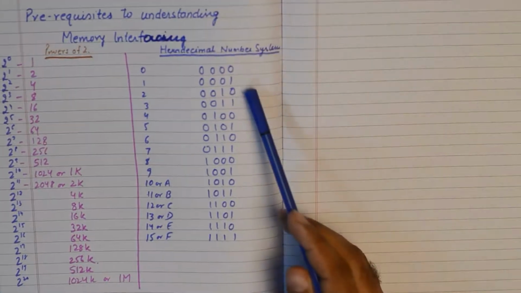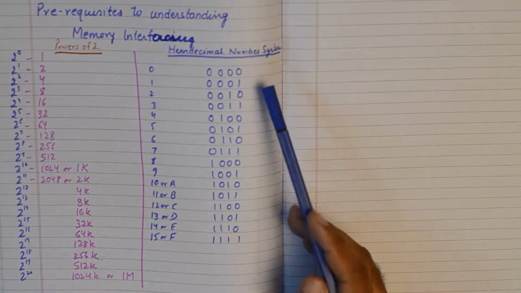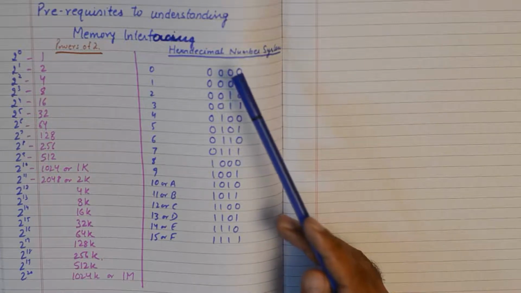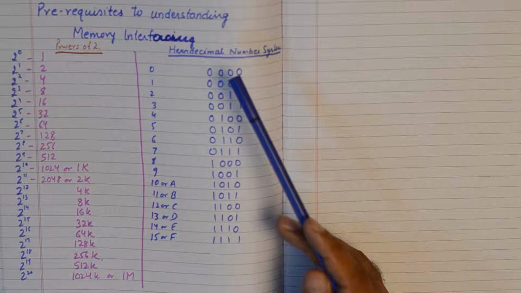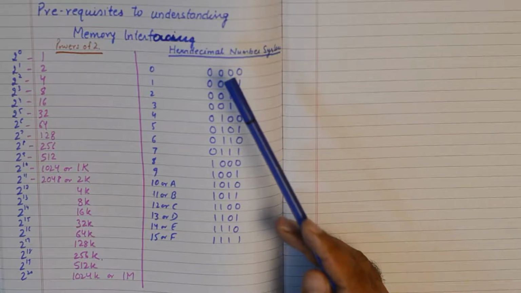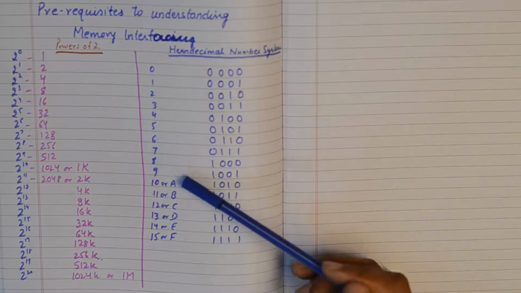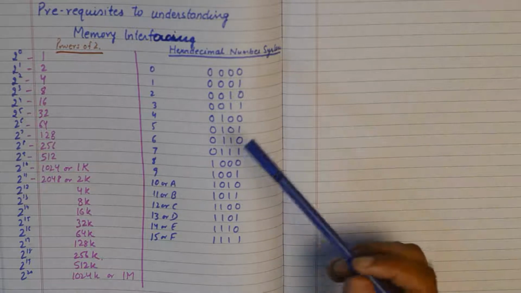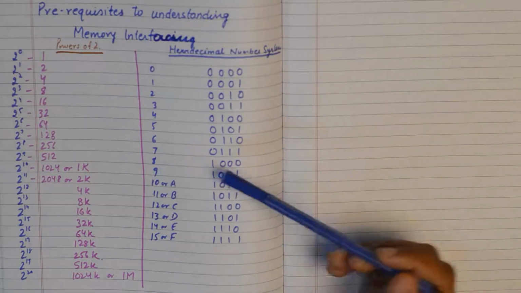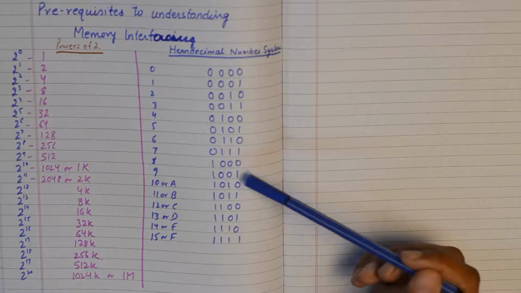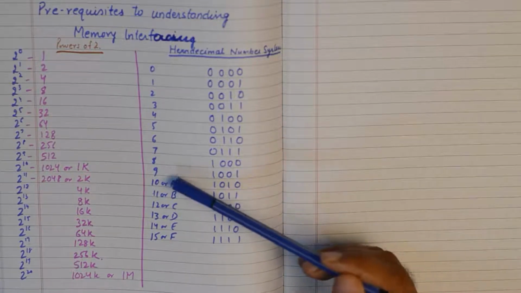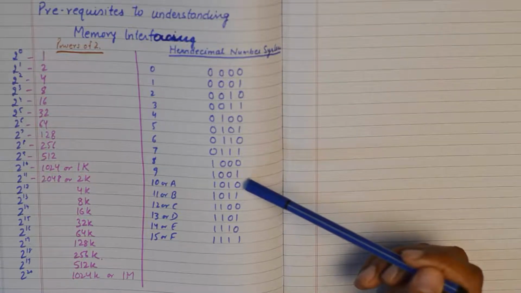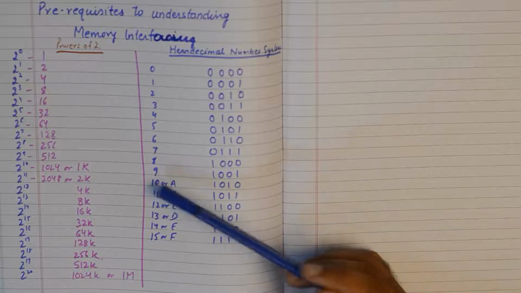And the second thing is the hexadecimal number system. The hexadecimal number system is a set of 16 different alphanumeric characters ranging from 0 to 9 and then A to F, and in terms of binary they are represented like this. 9 is represented by 1001, and after 9 we have A, which is 1010, the binary equivalent for 10.